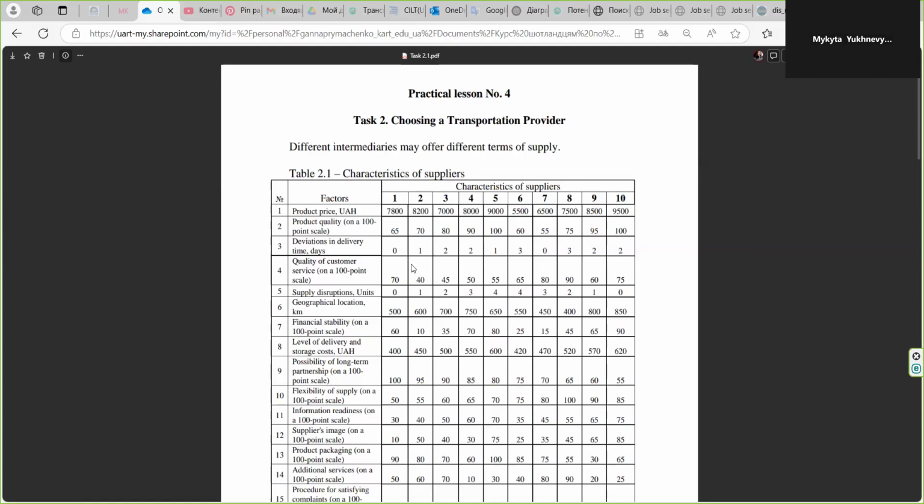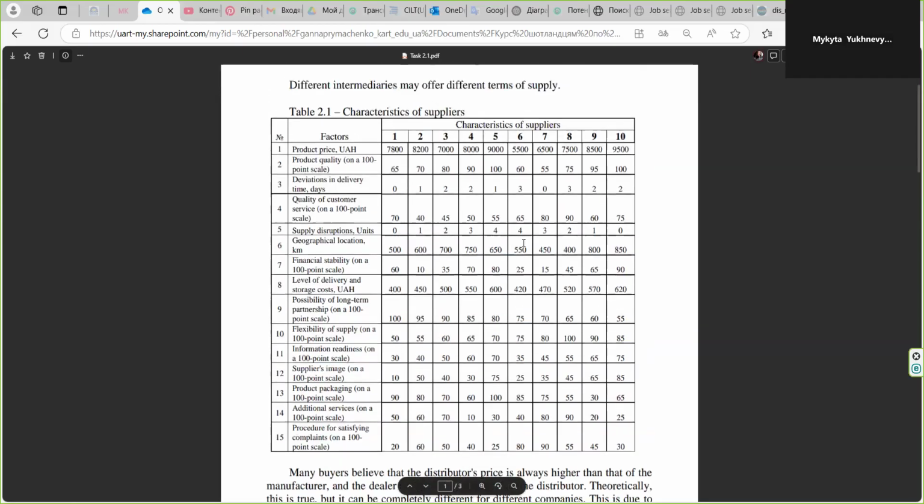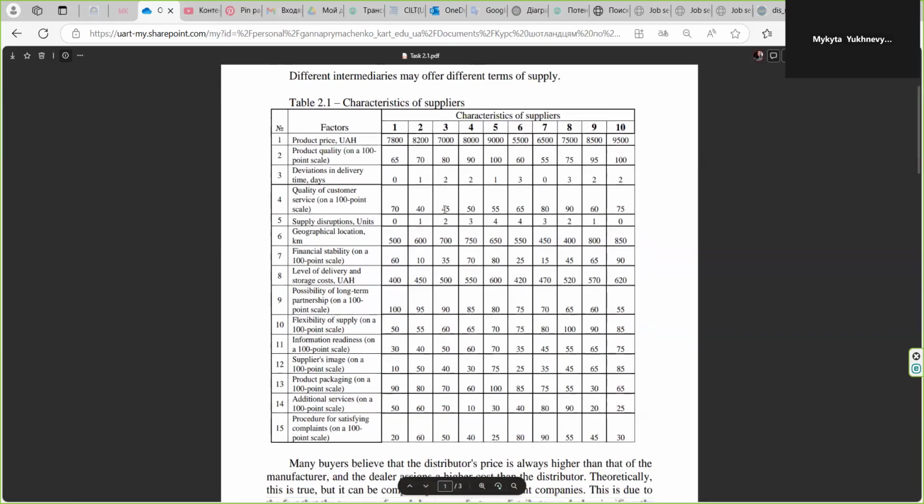The first company has 0, which is very good because no deviation happened in the period we examine. The second company had it once, the third twice, and so on. There are 15 parameters about different factors of these transport companies. We will use them today.